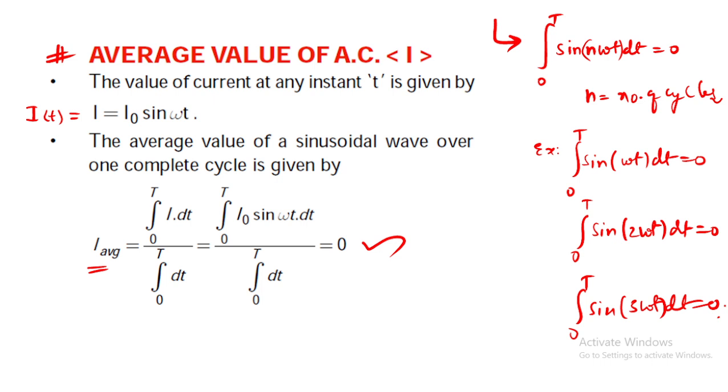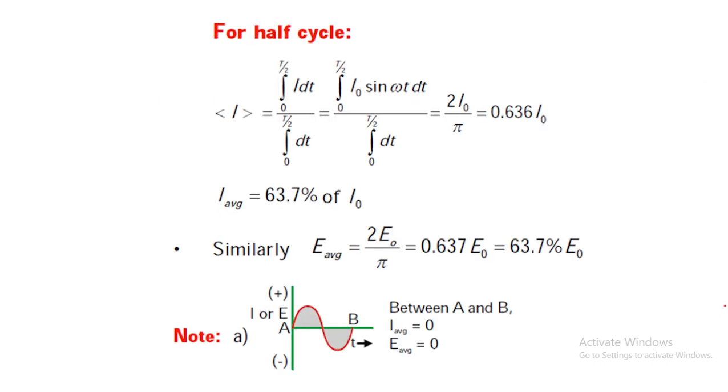Periodic test portion 4, 5, 6. For half cycle, please write down. For half cycle, what happens? For a full cycle, you cannot have an average. So this is an average for a half cycle.